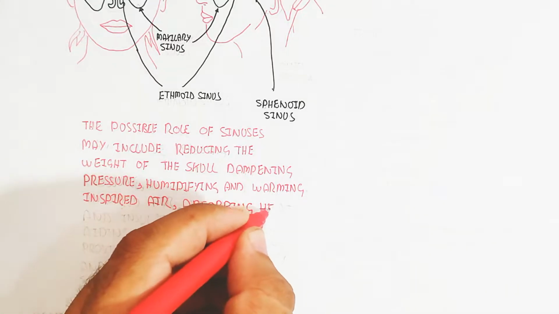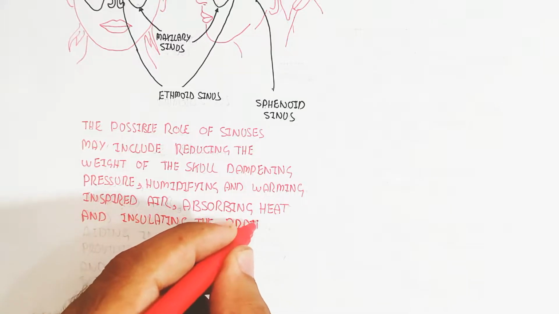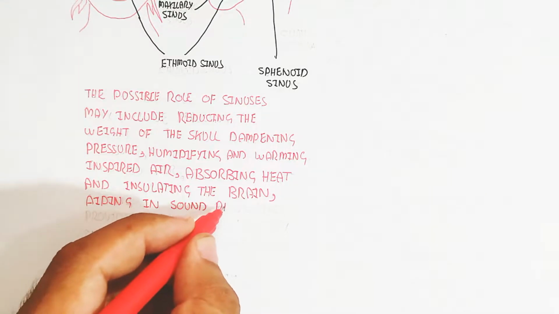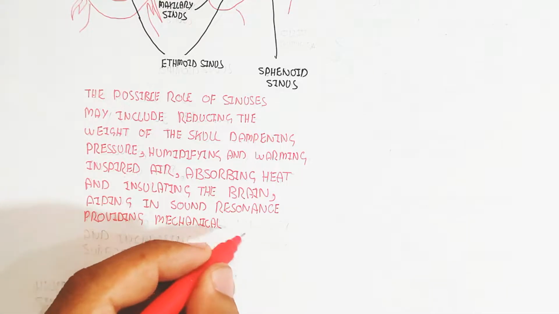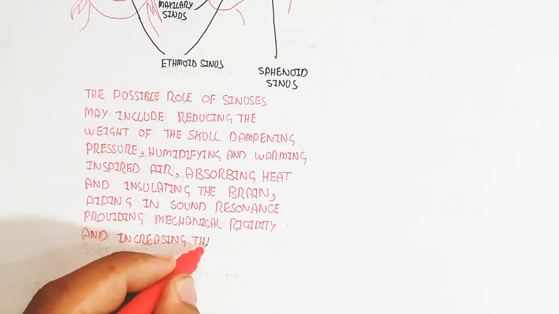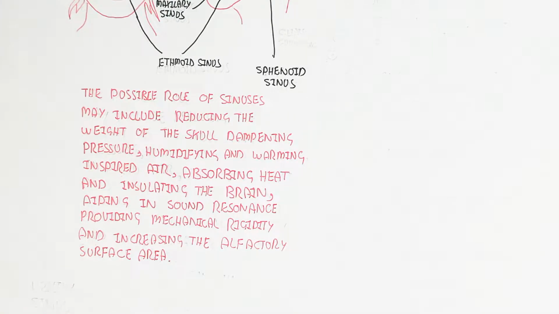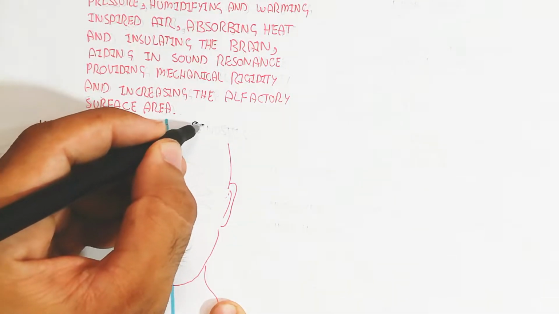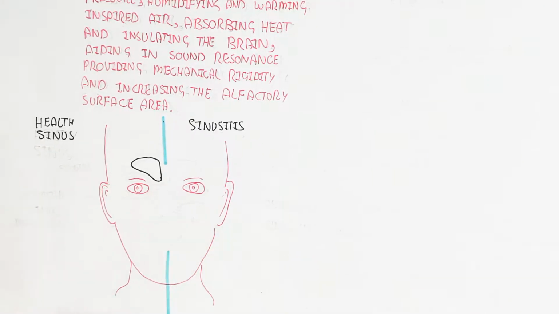In this way, the air during inhalation will be warmed. The sinuses also absorb heat, insulate the brain, aid in sound resonance, provide mechanical rigidity, and increase the olfactory surface area. So this is the healthy sinus, and then the sinusitis.